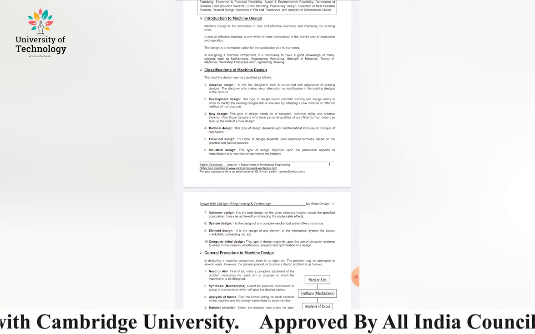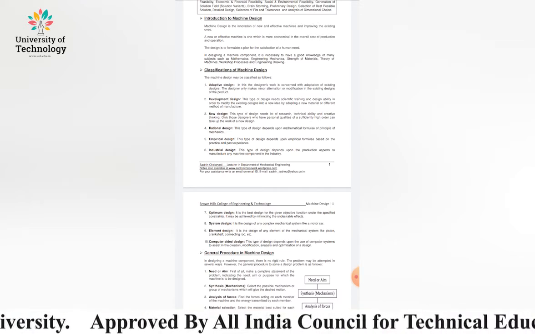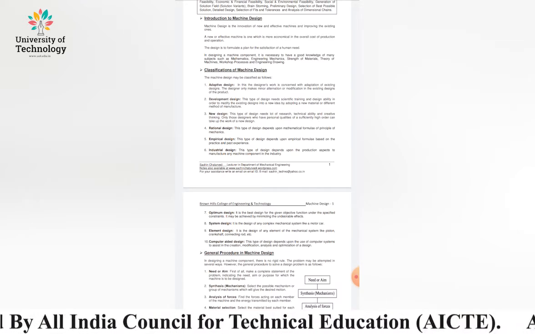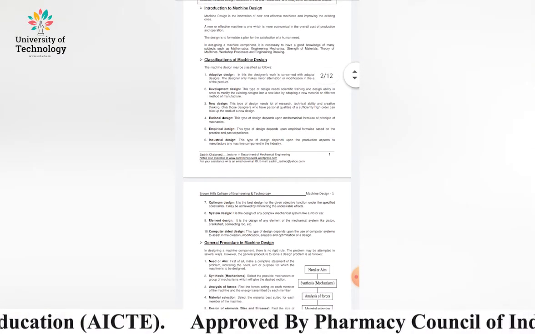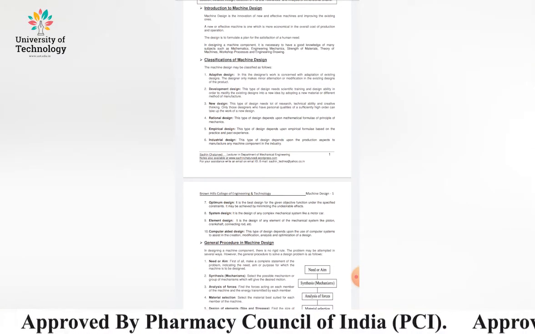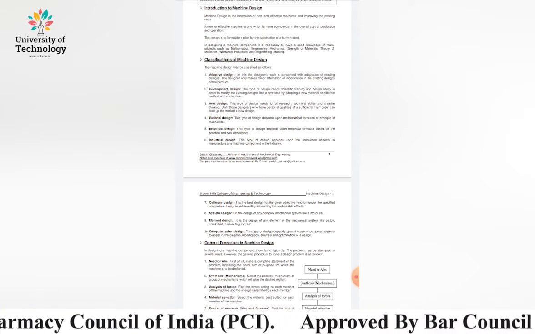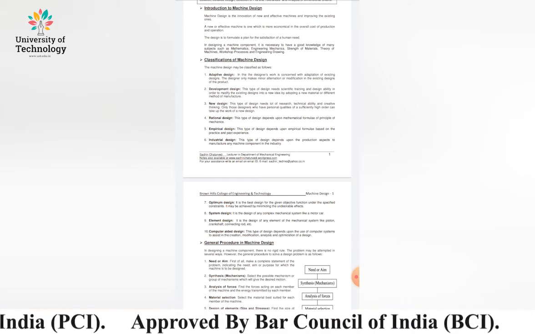In designing a machine component, it is necessary to have a good knowledge of many subjects such as mathematics, engineering mechanics, strength of materials, theory of machines, workshop processes, and engineering drawing.